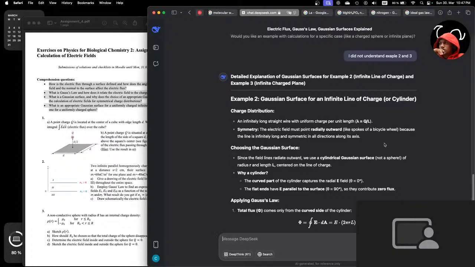Okay, because the line is infinitely long and symmetric in all directions along its axis. Okay, choosing the Gaussian surface, use Gaussian surface.